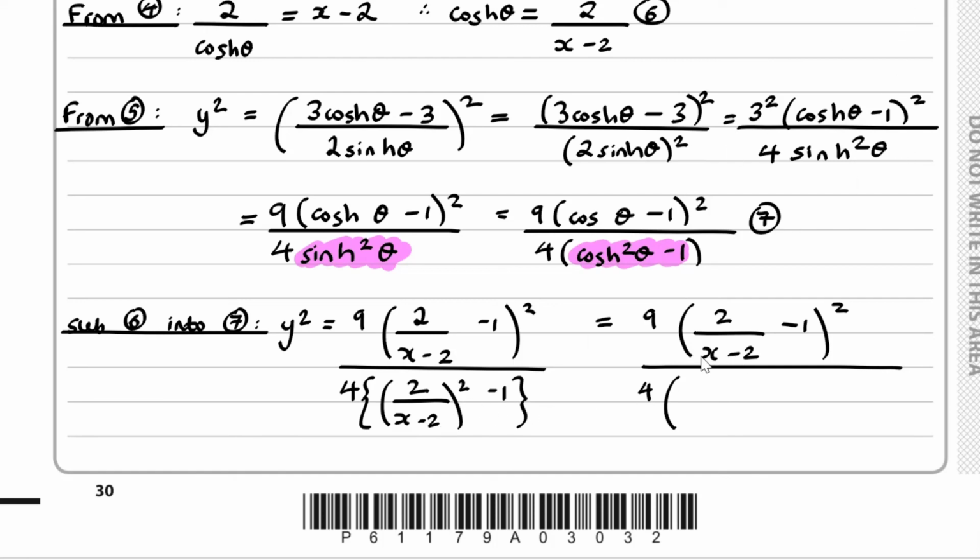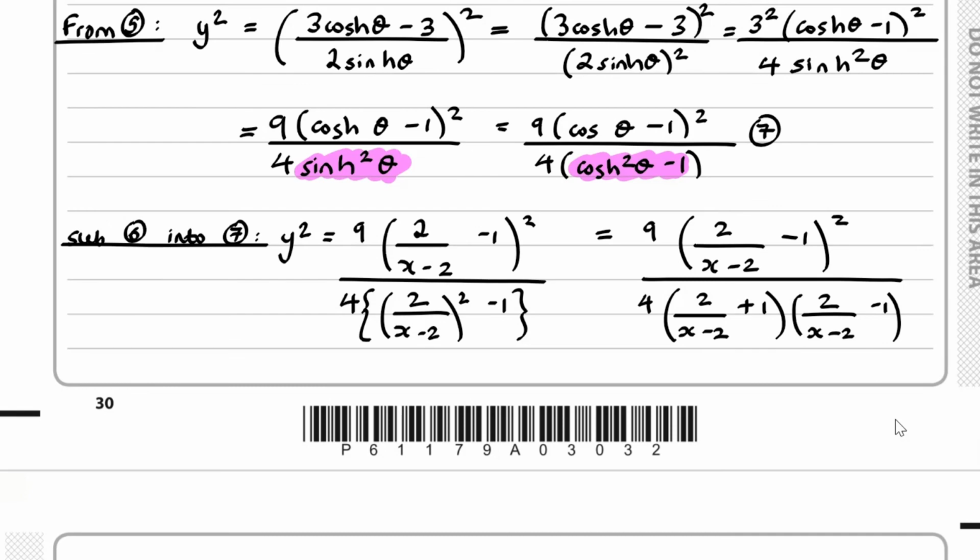So we have 1 minus 2 over x minus 2 lots of 1 plus 2 over x minus 2.